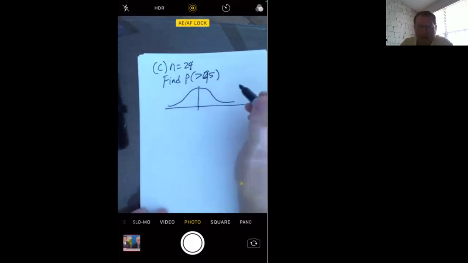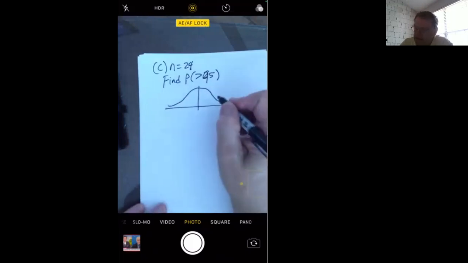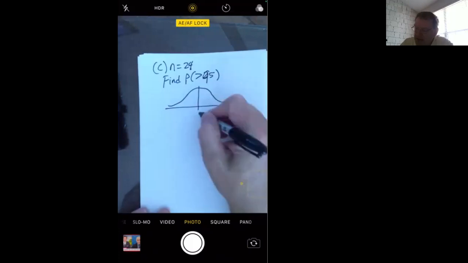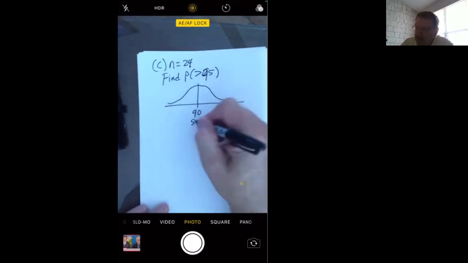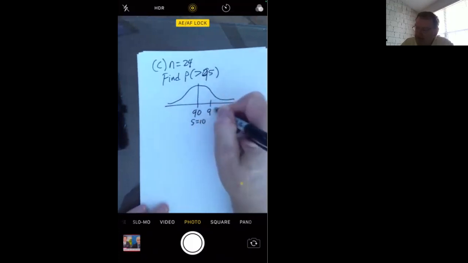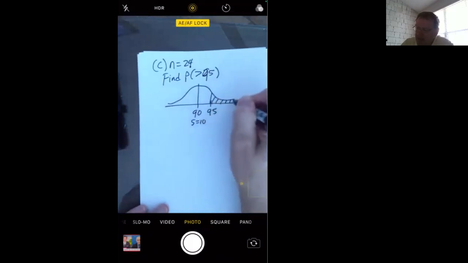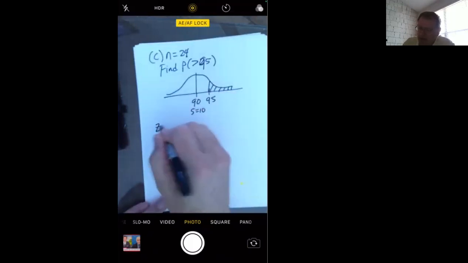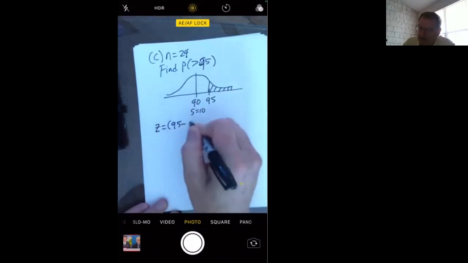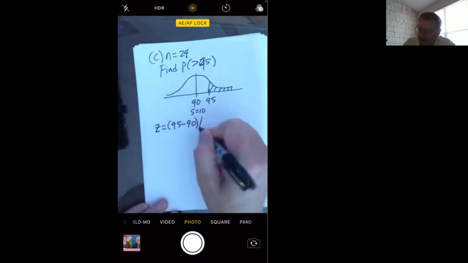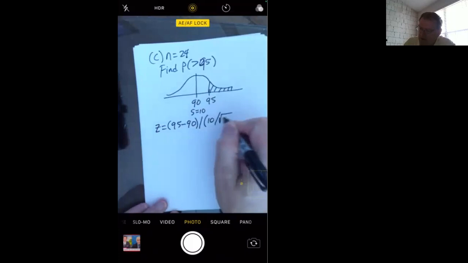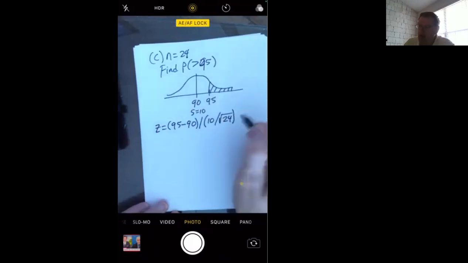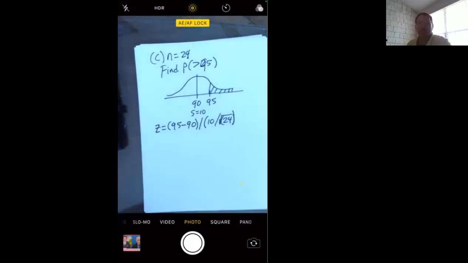After a while, you find the simple variation in it, 90 again in the middle, and standard deviation of 10, and we want greater than 95. And so your z would be 95 minus 90 divided by 10 over the square root of 24. Calculate with parentheses around the 24.